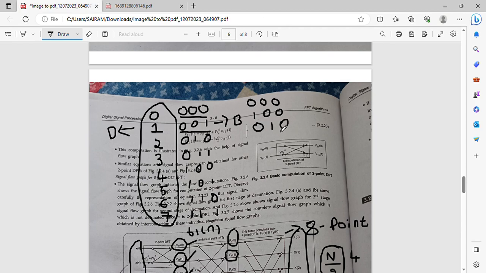I'm taking the binary value of each decimal value and bit reversing it. This is my decimal value, I have written it in binary, and I am going to convert that binary value into bit reversed order, right? What is bit reversed order? Writing 001 backwards, writing 010 backwards, writing 011 backwards. If I write that, I'll get 110, right?